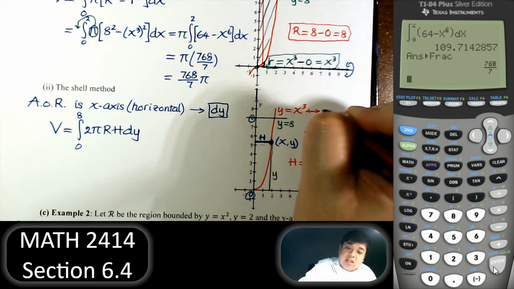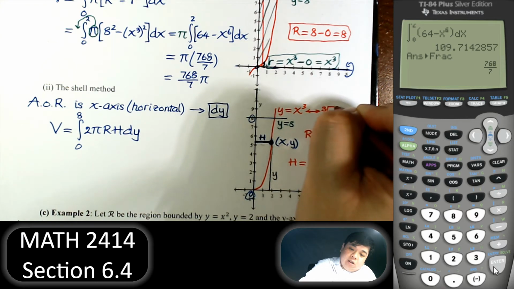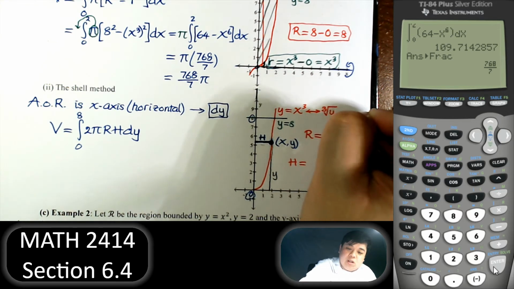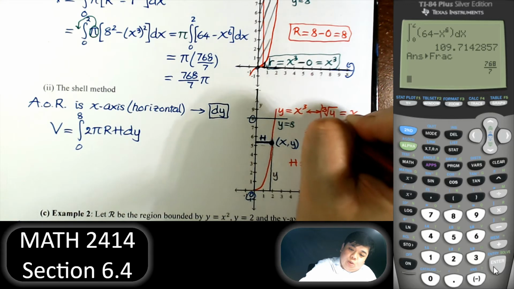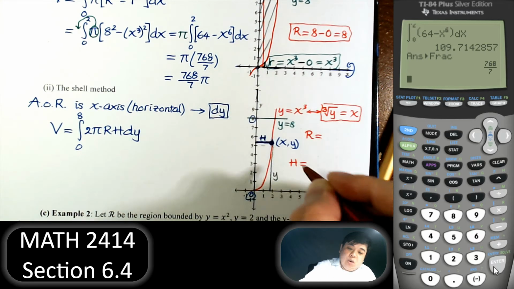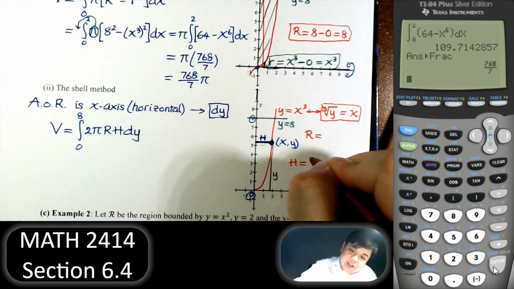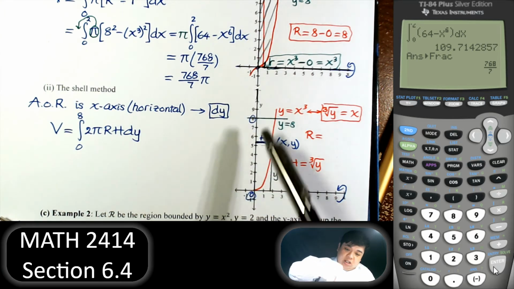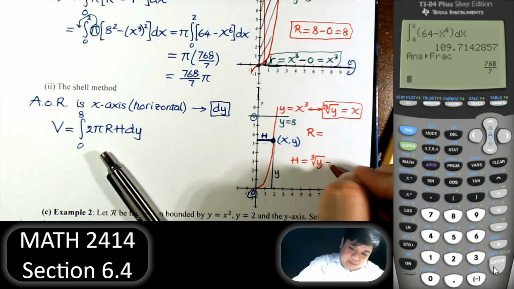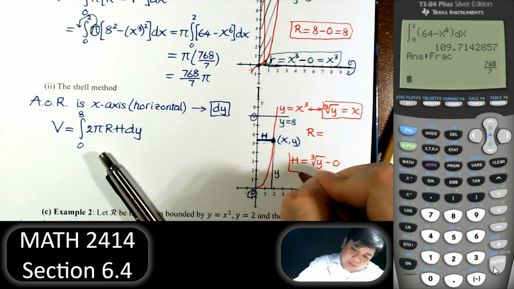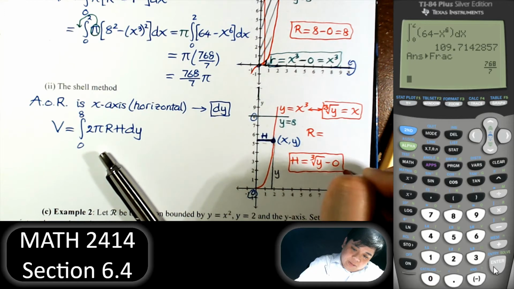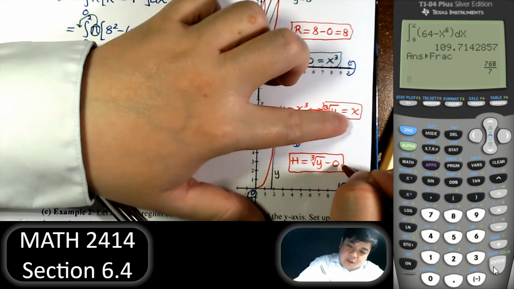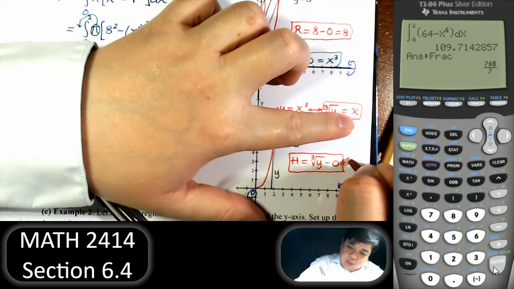We can say x equal to, take the cube root on both sides, we have x equal to cube root of y. So that is the function on the right, minus the function on the left, which is 0. So just the cube root of y.